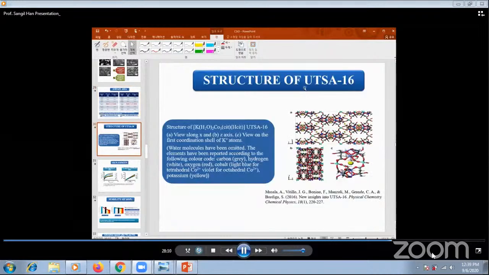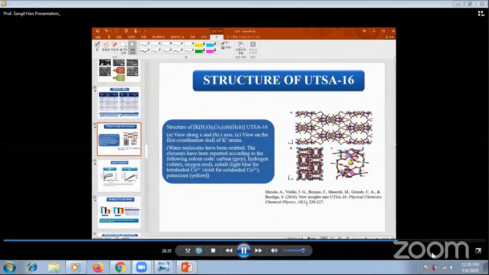This shows the structure of the UTH-16 MOF, UTH-16 cobalt. This image was obtained from the original journal in which they introduced UTH-16 cobalt.